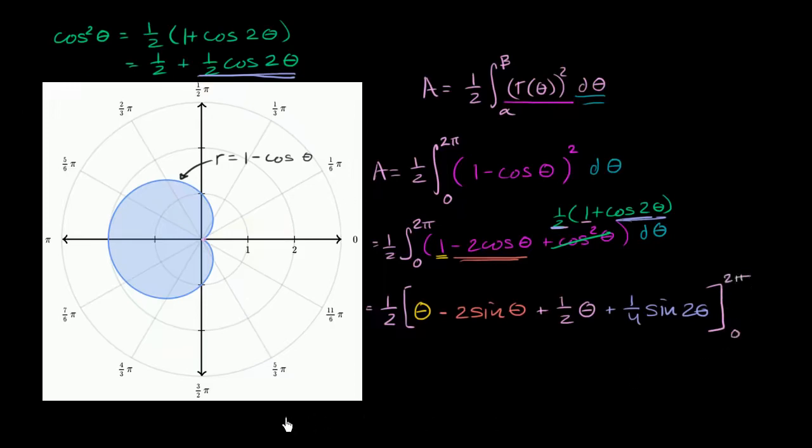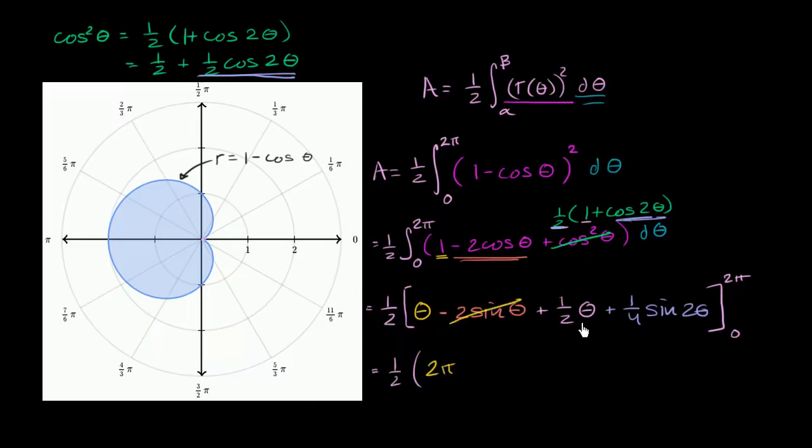So when you evaluate it, one thing that might jump out at you is when you evaluate this at 0, every term here is just going to be 0. So that simplifies things nicely. So we really just have to take 1/2 of it evaluated at 2 pi. So this is going to be 1/2 times 2 pi, and then sine of 2 pi is 0, so that's just going to be 0.